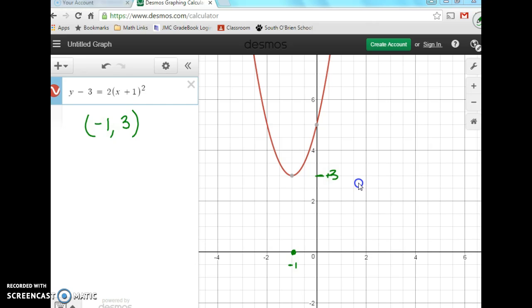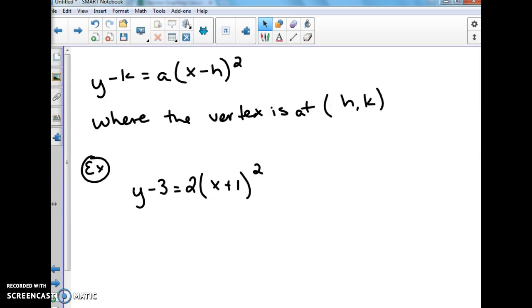So this does show that our vertex is at that -1, +3. There are times when you could just look at the graph and determine where your vertex is just by looking at it.